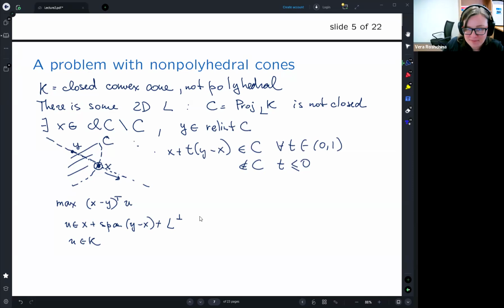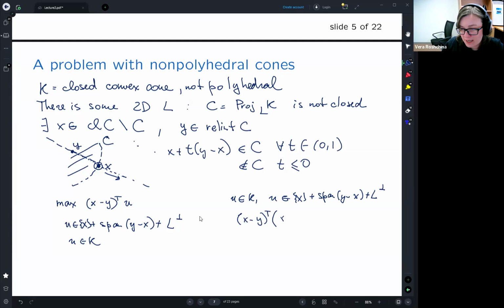When I try to find the maximum here and substitute my U in this formulation, if U is in K, then when I look at the objective function, (X minus Y) transposed, I will substitute X plus T times (Y minus X).